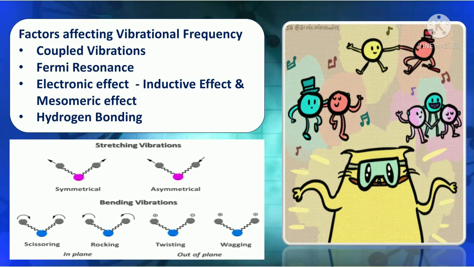So the point to notice here is that different functional groups bend, stretch, or wag at different frequencies, and a functional group will absorb light at the frequency that matches the frequency of wagging, bending, stretching, etc.